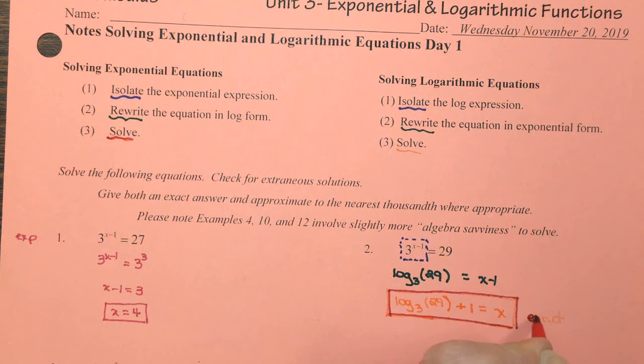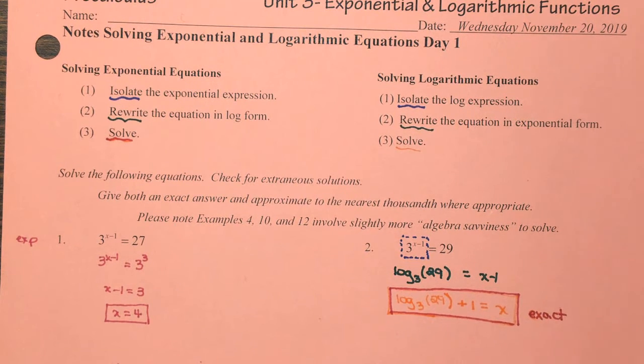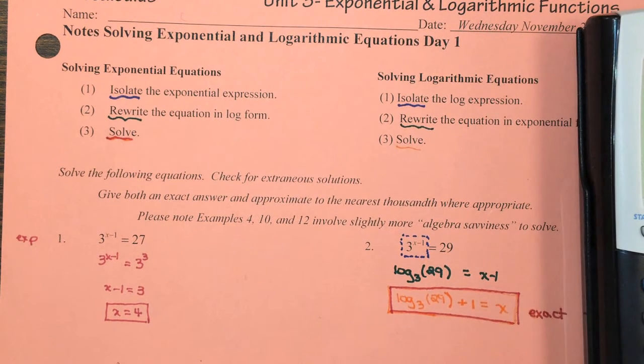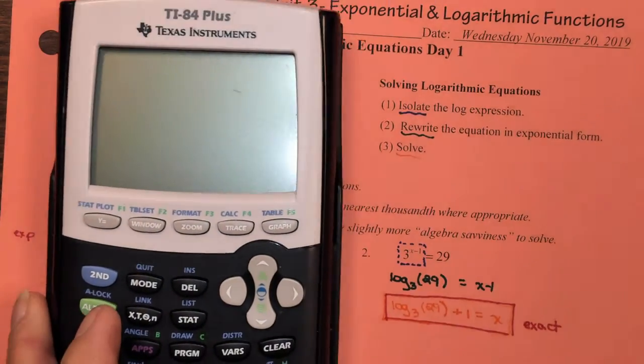Now we still need to figure out our approximate, and so we'll do a quick look at the calculator to see how that happens. Depending on the calculator model that you have, the techniques are different.